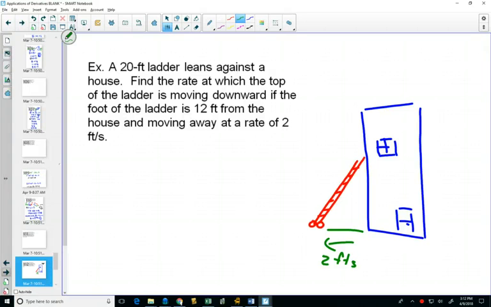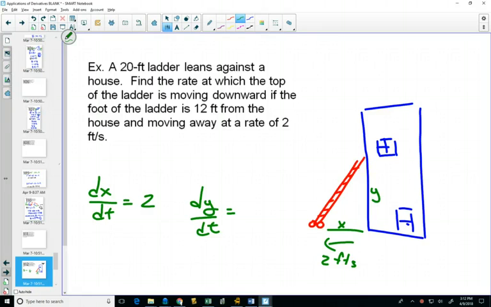So as far as what we know, dx/dt is equal to 2. So I'm going to call this x. I'm going to call this length y, and we want to find dy/dt.